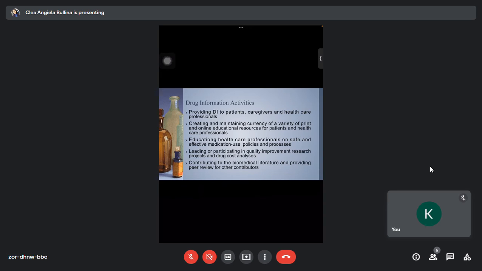Also, the drug information provider must participate in quality improvement research projects and drug cost analysis. Lastly, the drug information provider must contribute to the biomedical literature and provide peer review for other contributors. Okay, so again, ito yung mga skills that dapat ma-obtain ng drug information provider or basically ng mga pharmacist kasi we are drug information providers.